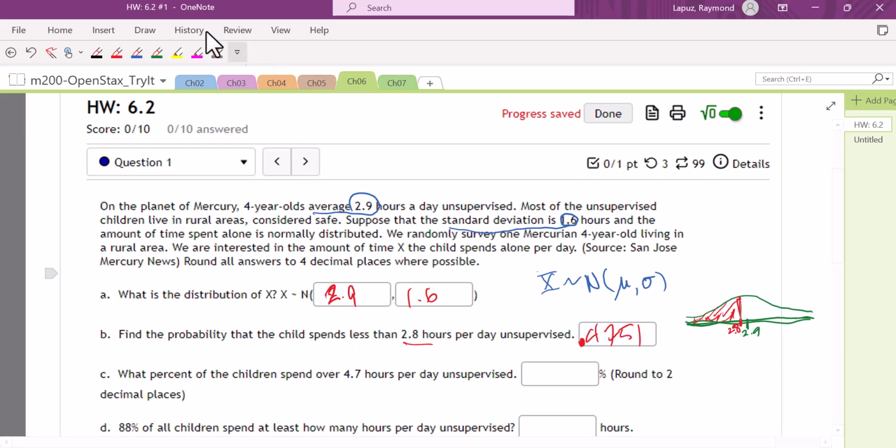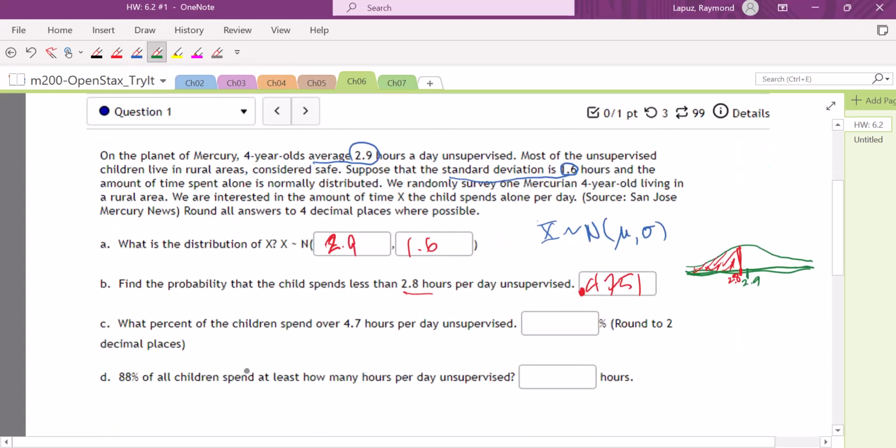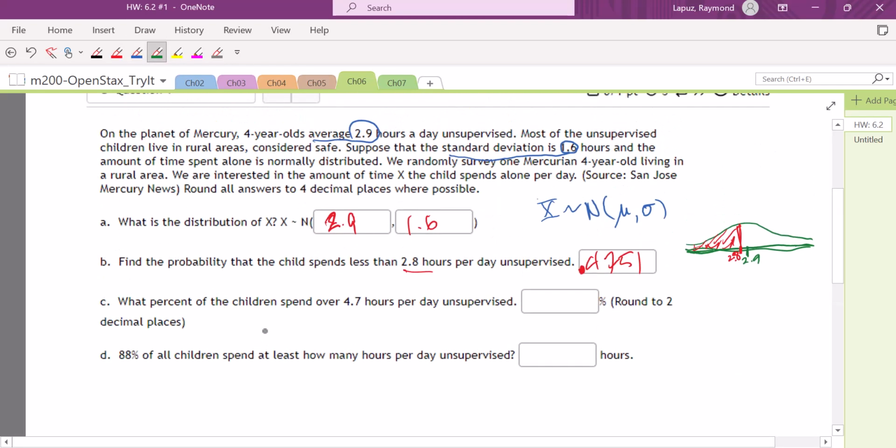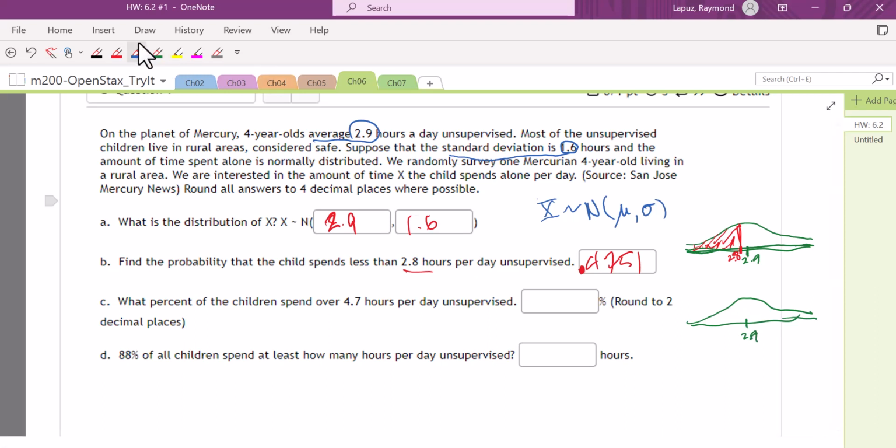All right, so speaking of graphs, for the next one we'll do a graph. What percent of the children spend over 4.7 hours unsupervised? So I would again draw my bell-shaped curve. I'll put the 2.9 here, and then we want to shade in from 4.7. So 4.7 is over here. We can be really technical as to how many standard deviations away that is, but we can just approximate somewhere over here, 4.7.